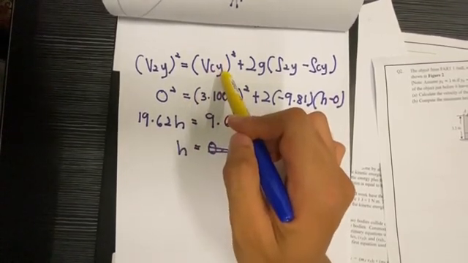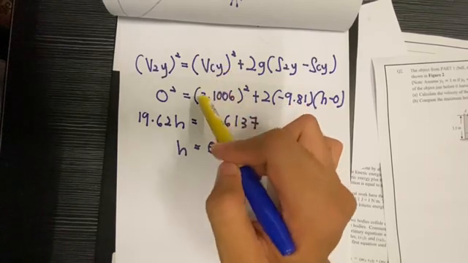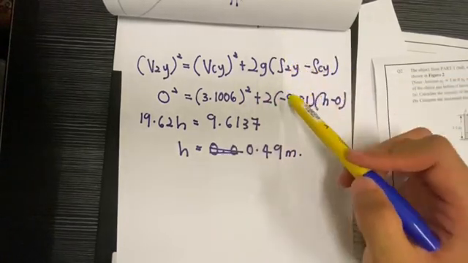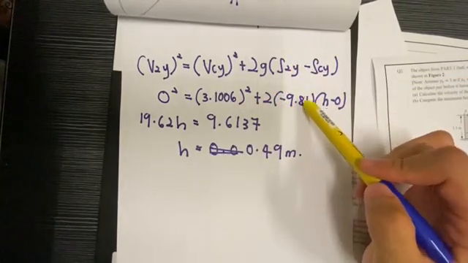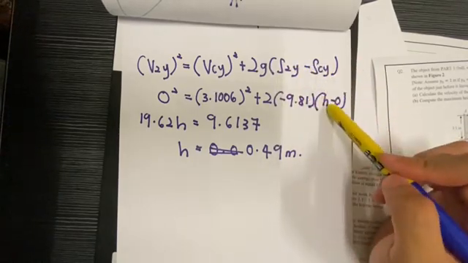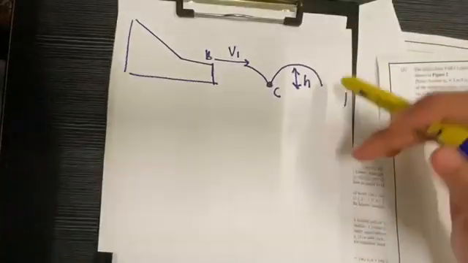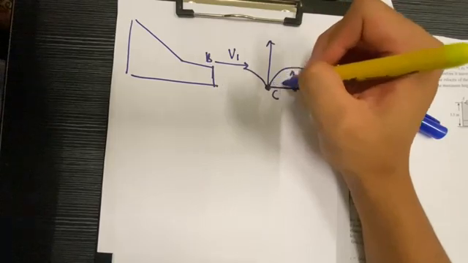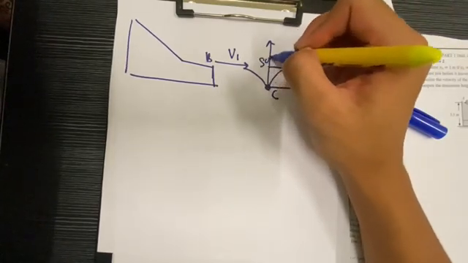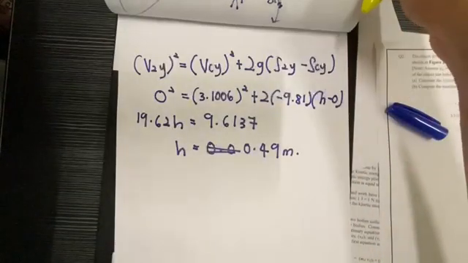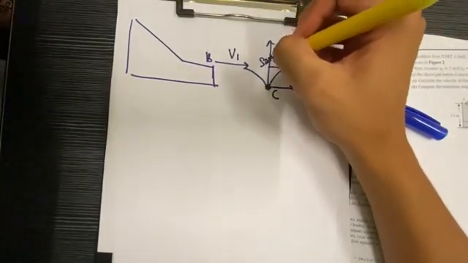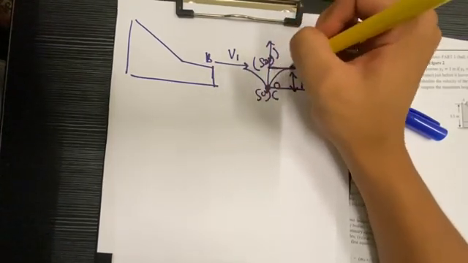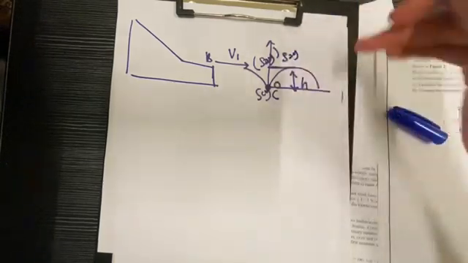VCY we already calculated in question A, 3.1006 squared, plus 2 times negative 9.81 times S2y, which is the height from here. This SCY is 0 and the height is S2y.